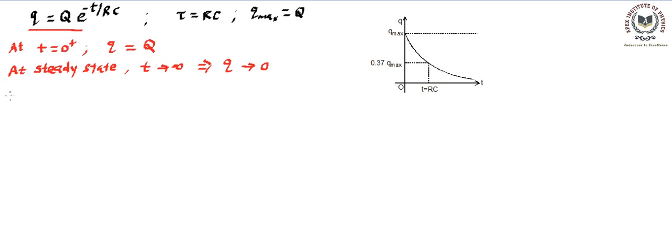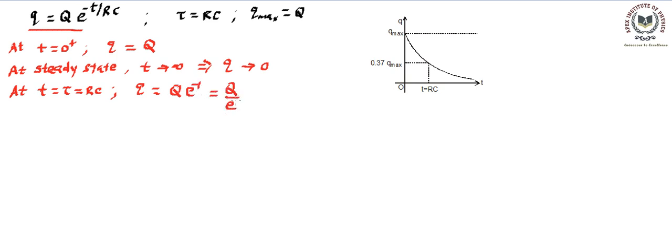And there is another important time that can be asked, which is t itself equal to tau, that is RC. So when t becomes tau, this becomes e raised to power minus 1. So for that particular case, q turns out to be capital Q e raised to power minus 1, which is basically capital Q divided by e.